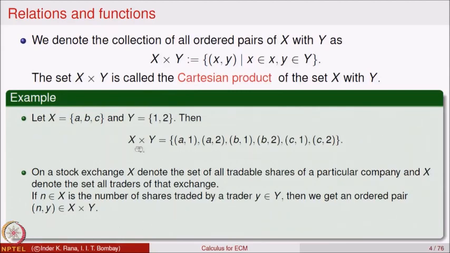But keep in mind, X cross Y is not the same as Y cross X. This is the Cartesian product of X cross Y. Let us look at this example a bit more explicitly. So, we had the set X equal to A, B and C, and Y equal to 1 and 2.